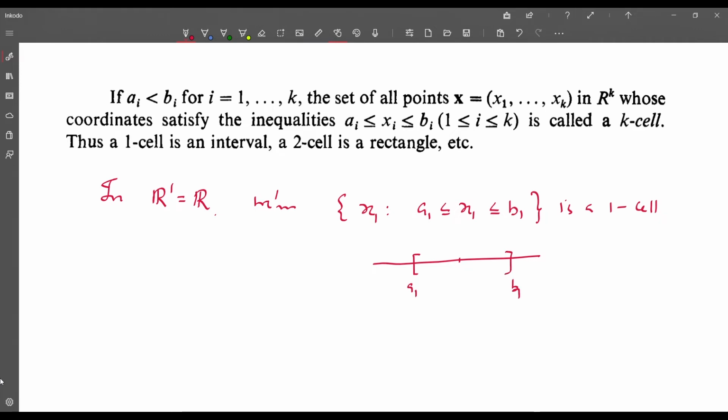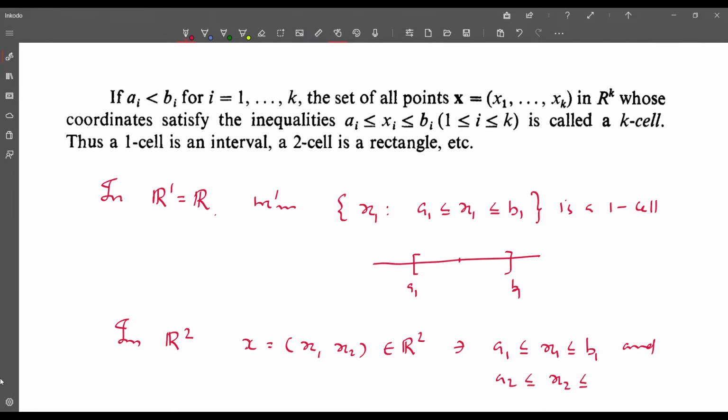And in R2, the set of all points x = (x1, x2) in R2 such that a1 ≤ x1 ≤ b1 and a2 ≤ x2 ≤ b2 is a 2-cell.